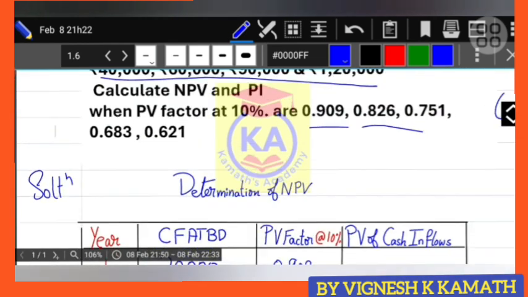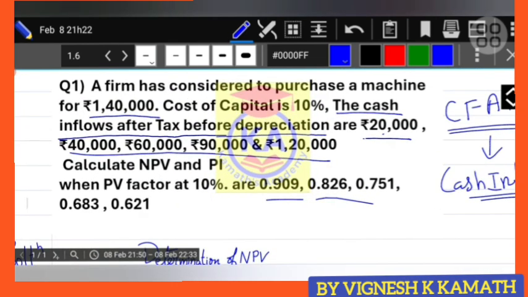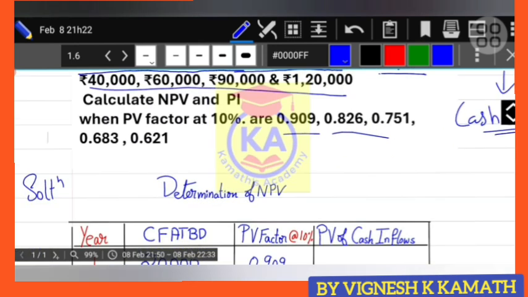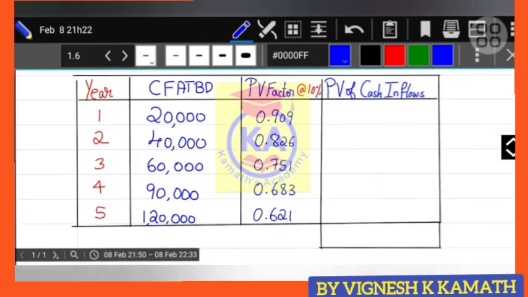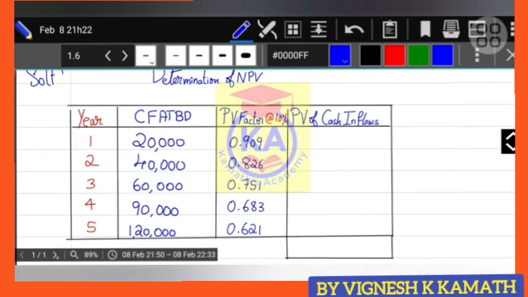First, as you know, it is given for 5 years, so you have to put the year column 1, 2, 3, 4, 5. Then given is CFAT BD, or you can write cash inflows also here. In place of CFAT BD, both are same, and write the amounts given in the question.